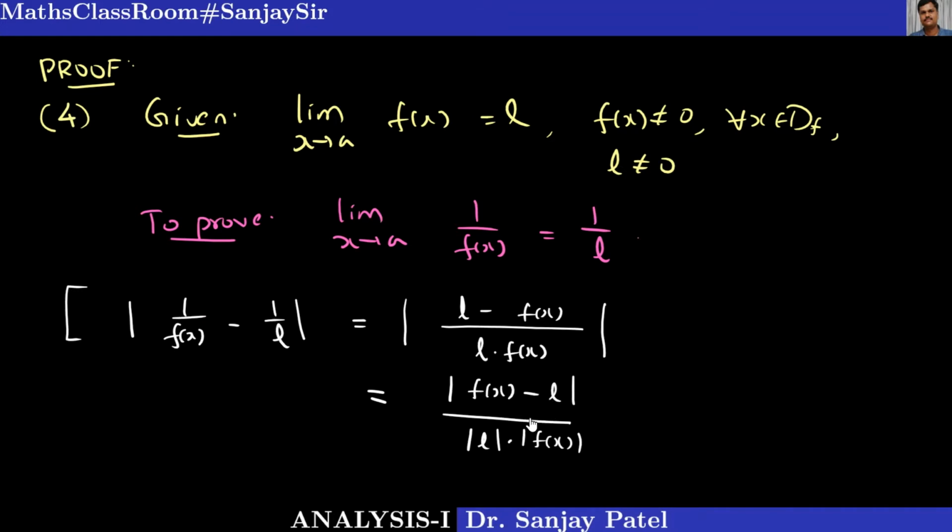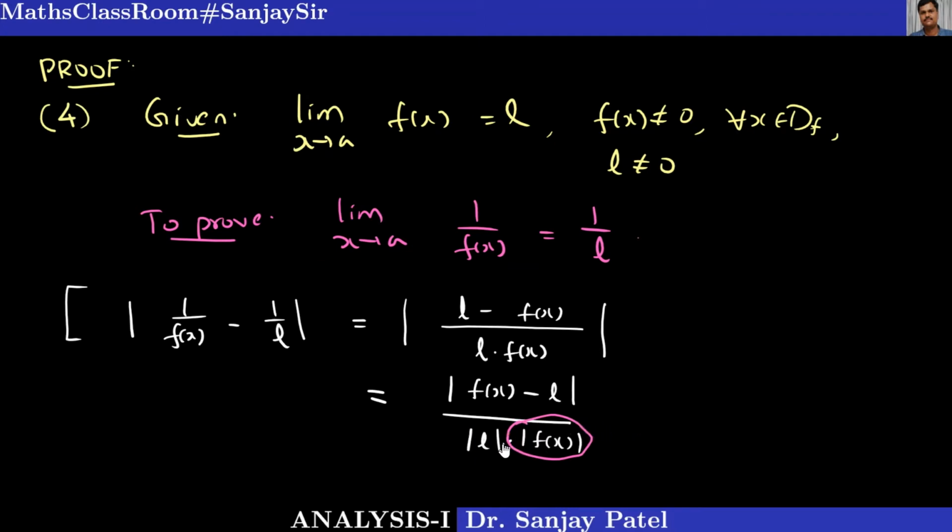Okay. So this variable quantity in the denominator is the only disturbing factor. If I make 1 upon this thing less than some constant, say 1 upon 3 or 1 upon k, something like that, then finally it will be a constant. And then I can make f(x) minus L less than epsilon by that constant.